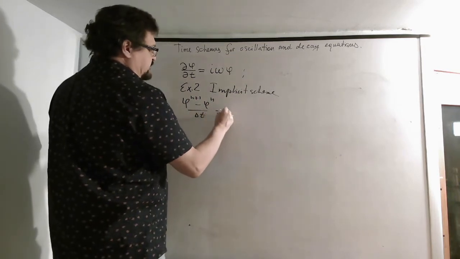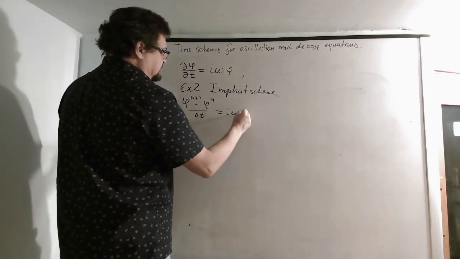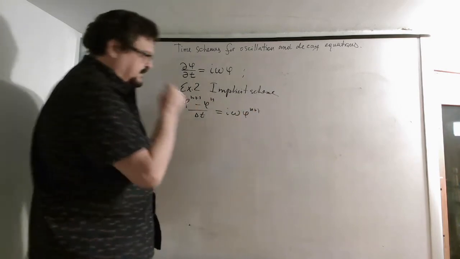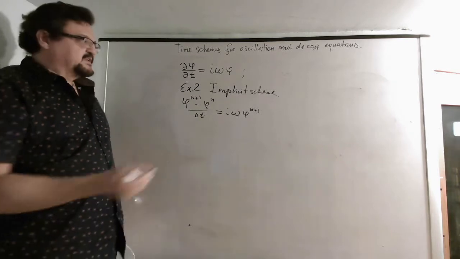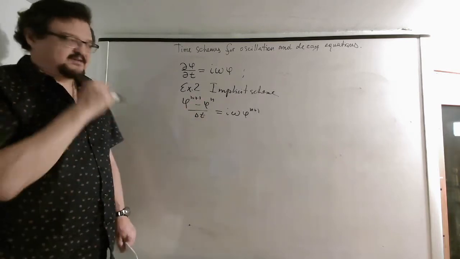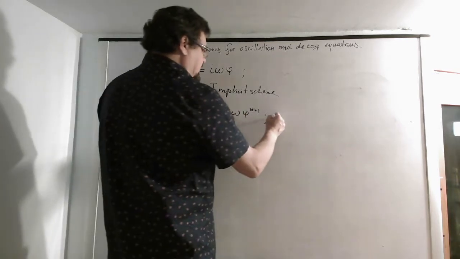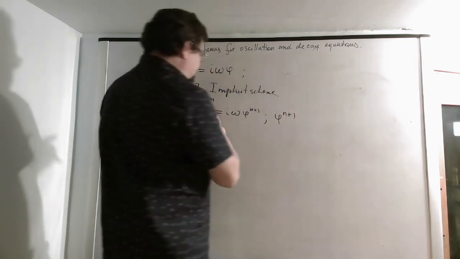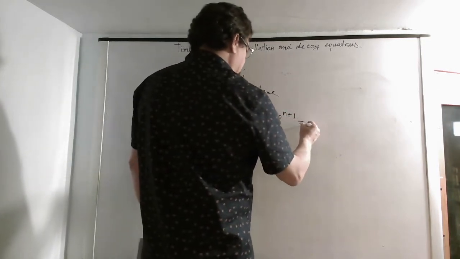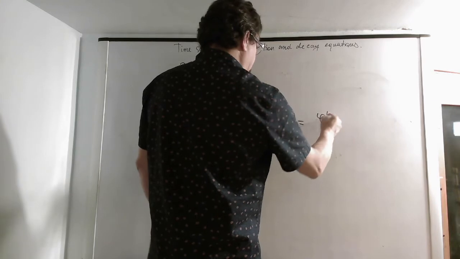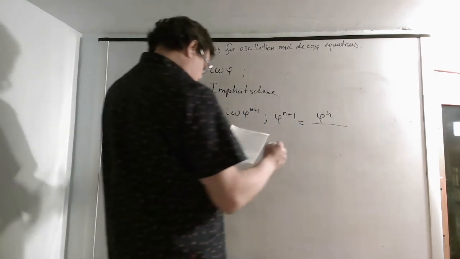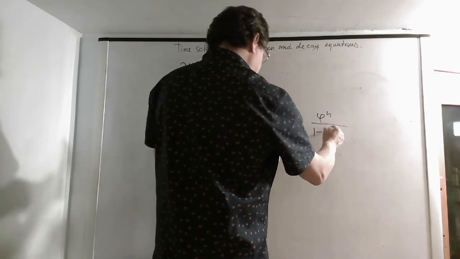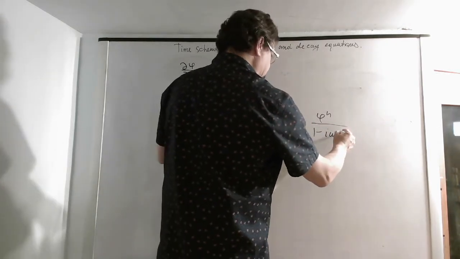But the right hand side will be evaluated at time step n plus 1. So here we don't have to solve any matrix or anything. We can directly evaluate phi n plus 1. And so we can rewrite this equation as the following: phi n divided by 1 minus I omega delta t.